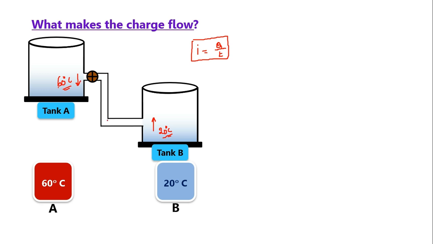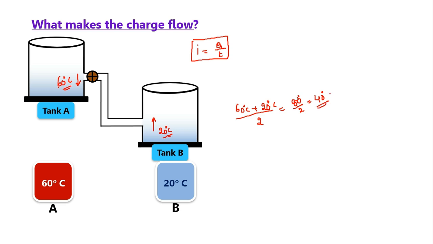The average temperature is 60 plus 20, that is 80, divided by 2, equal to 40 degrees.